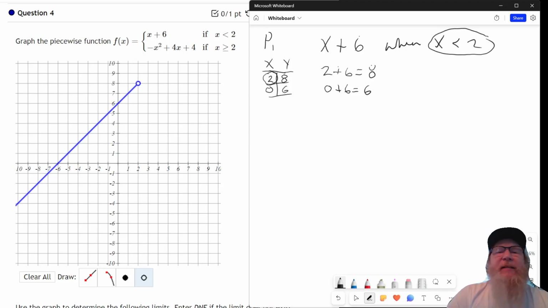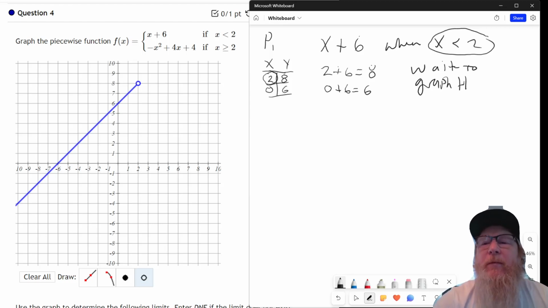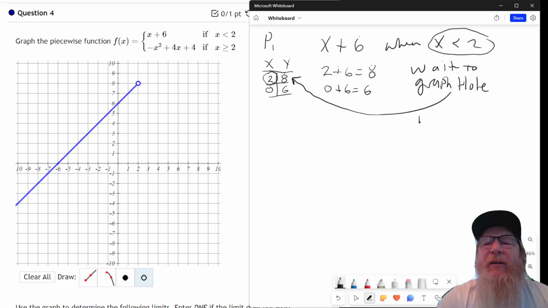Because x is less than 2. However, I like to wait on the hole, because it might get filled. And if it gets filled, you don't need to graph the hole.